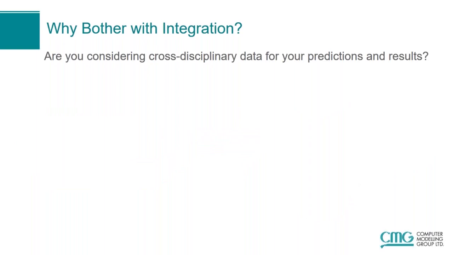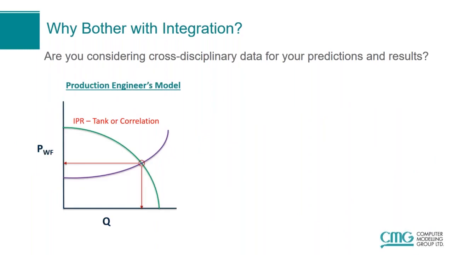So the question to you is, are you considering cross-disciplinary data for your predictions and results? If there is a production engineer doing an analysis to figure out the rate and pressure at which a well can flow, they would make a plot on the screen. This is a typical plot used in an analysis called nodal analysis. It's a plot between the flowing wellbore pressure and rate. And you can see there is a green line and a purple line. The green line is the reservoir response coming from the reservoir, and it's called the inflow performance relationship, IPR.